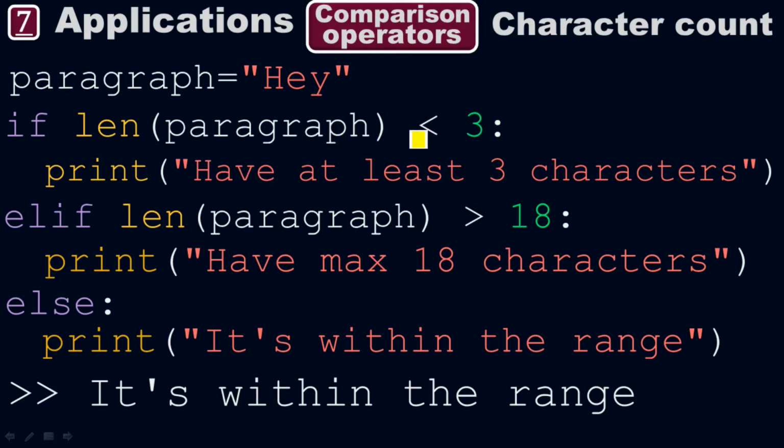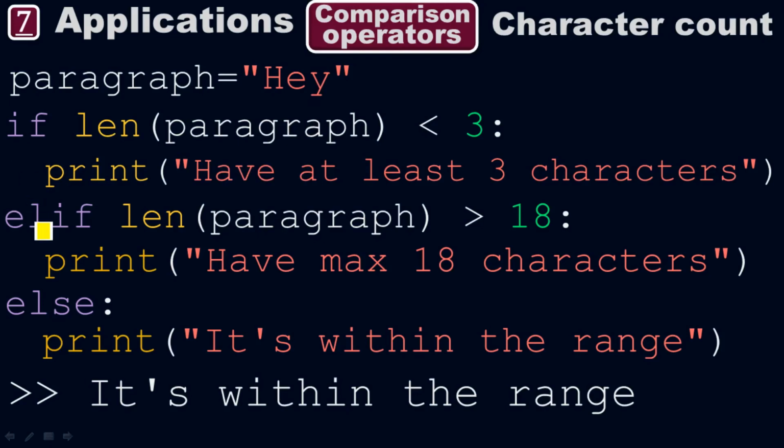It is not true because the number of characters are exactly 3, not less than 3. Length of paragraph means the number of characters. So it is not satisfied. They are not less than 3, they are exactly 3. The program will ignore this part because it is not satisfied.